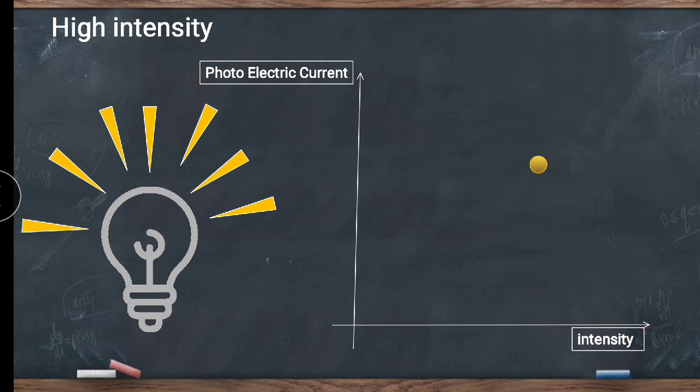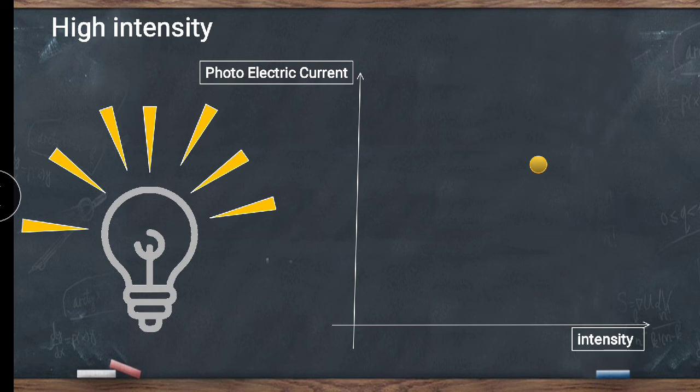So we can conclude here that photoelectric current is directly proportional to intensity. And in other words, as we know that current is related to the number of electrons, we can conclude the number of photoelectrons is directly proportional to intensity. So this is about the characteristic, which is the photoelectric current versus intensity.